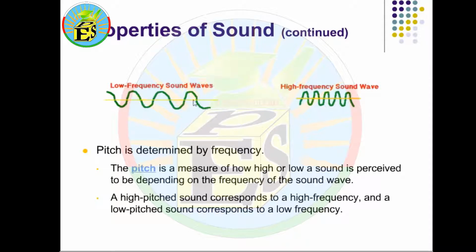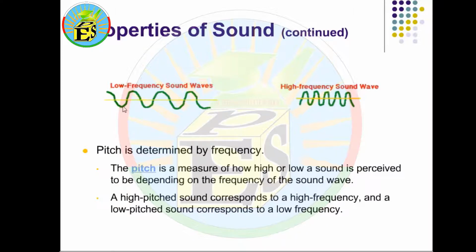Properties of sound. Low frequency sound waves, high frequency sound waves. It means how many complete waves in this distance. I will see the distance between two crests or two troughs. It will be the wavelength. So how many crests or troughs here?